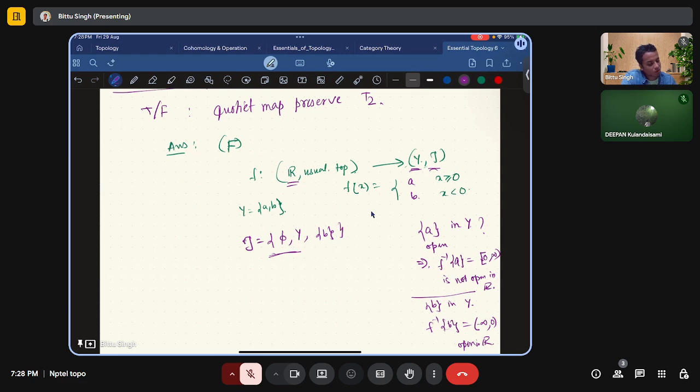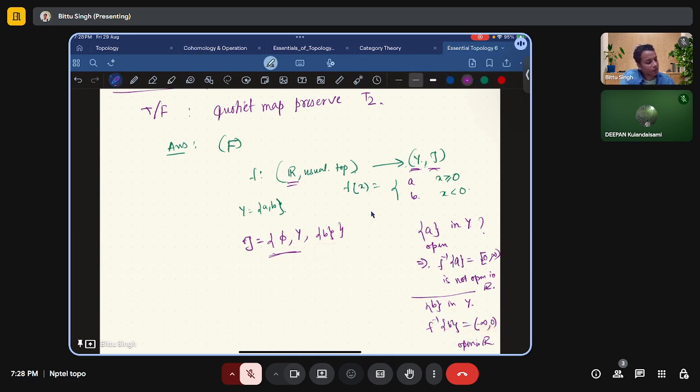You can see F inverse of those sets are open: F inverse of Y is open, which is okay, and F inverse of B is open, which implies B is open, which is already assumed.